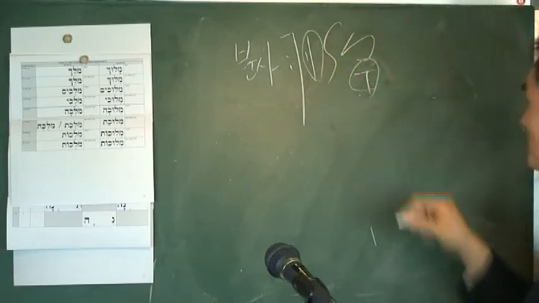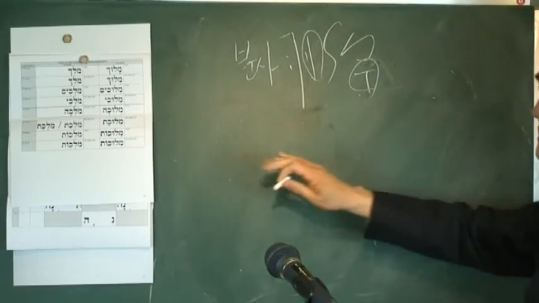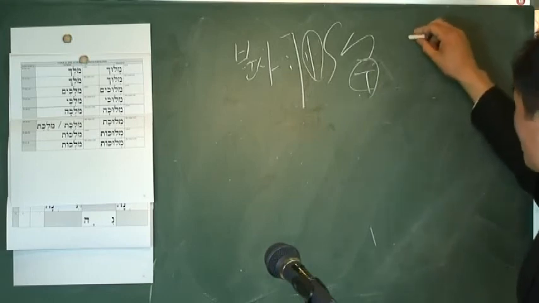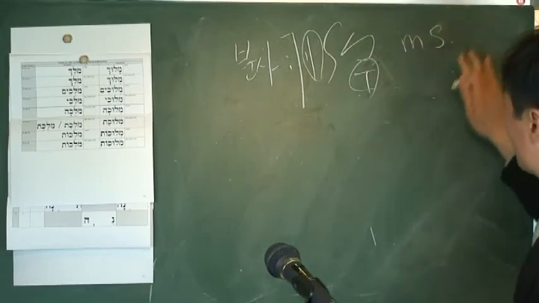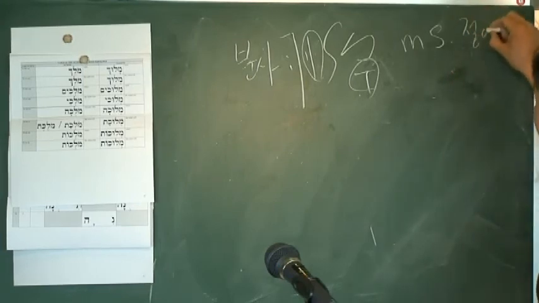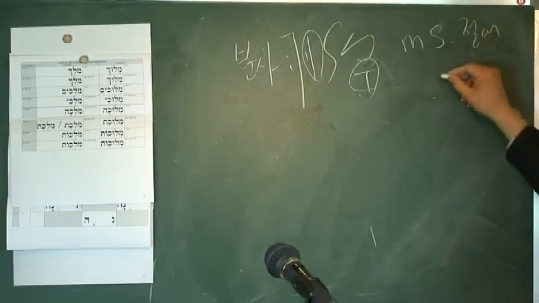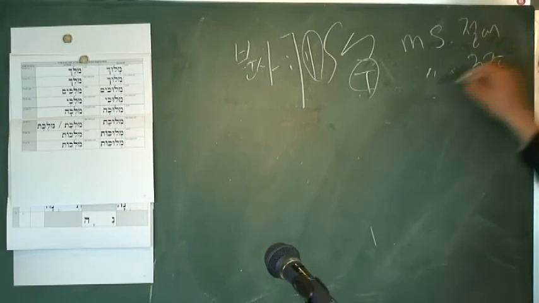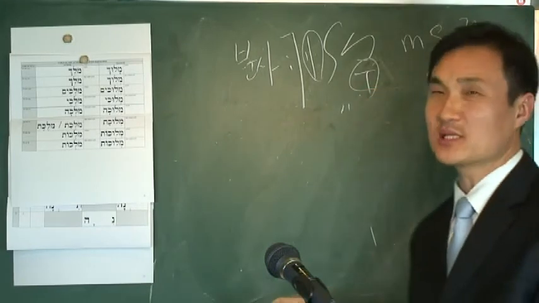The passive participle of the qal verb maluk. Please memorize a and u. This is the masculine singular. This is the masculine singular absolute.